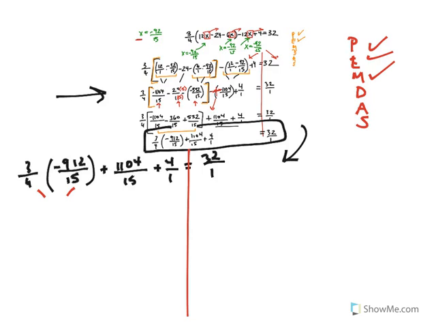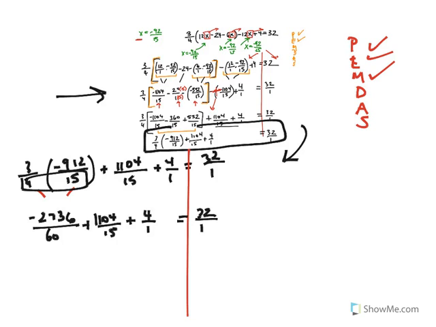I multiply these two here, and I get negative 2,736 over 4 times 15 gives me 60 plus 1,004 over 15 plus 4 over 1 equals 32 over 1. So now I need the same number here, so I'm going to get 60.